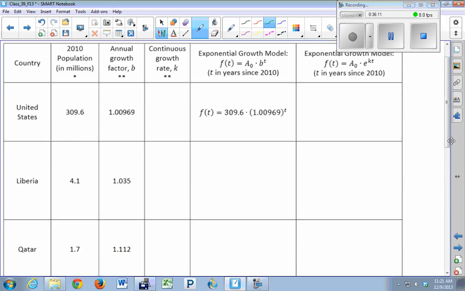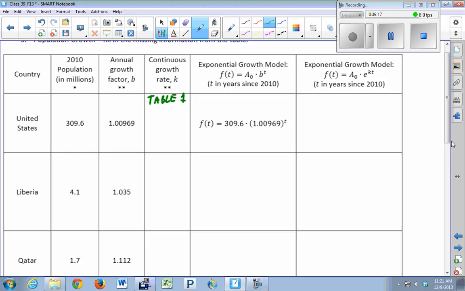And so for table 1, I'd like you to get the continuous growth rate here. Well, I'll do the first one for you. The continuous growth rate is the natural log of this number. So k is equal to the natural log of 1.00969. So let's find that rate.